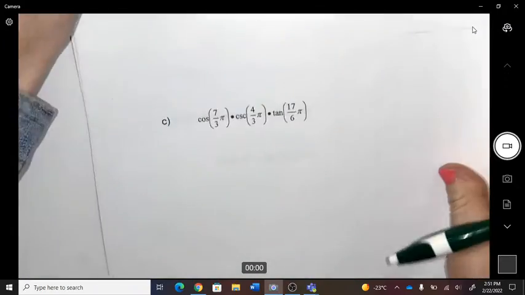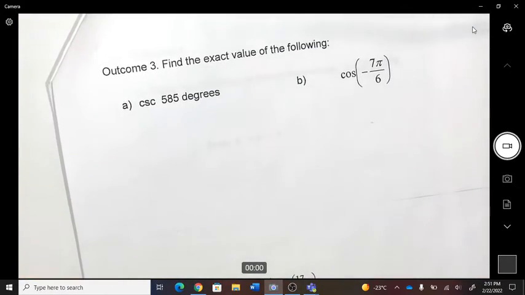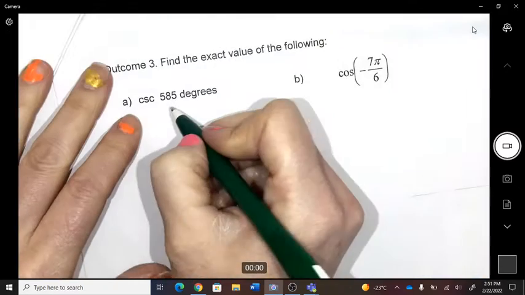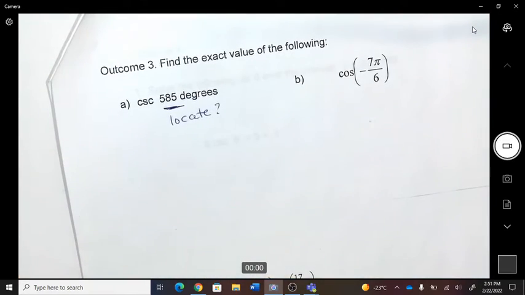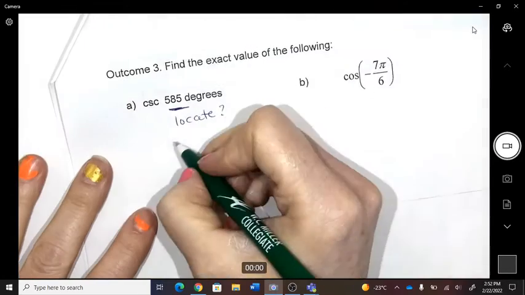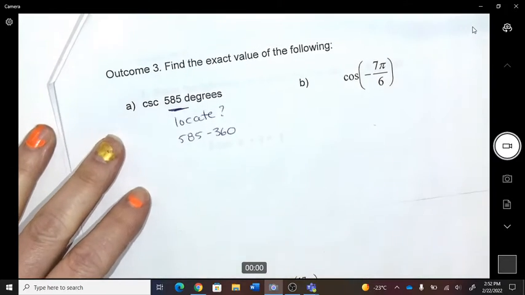Okay. What do we got? Finding the exact values. Okay, so now this is our unit circle stuff. Can you locate this? Where are you going to land? So for me, I think I'm going to take a full circle off that.